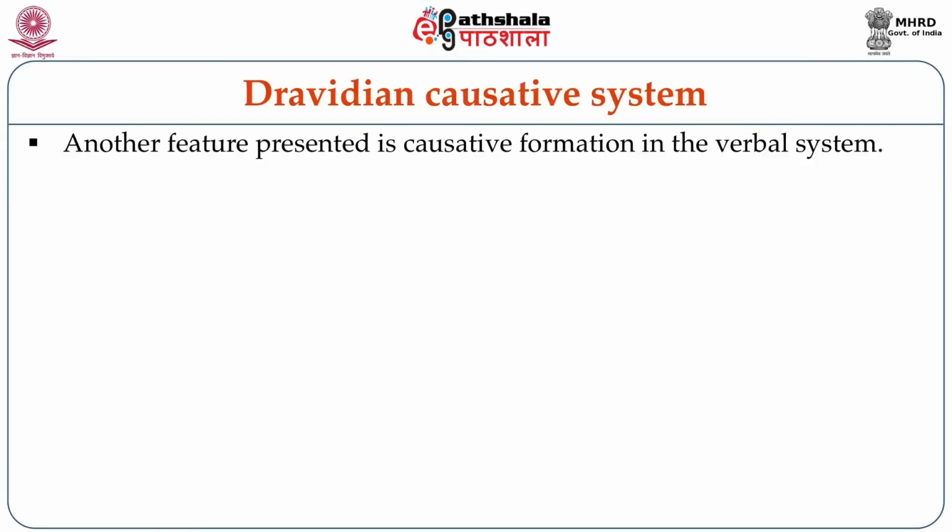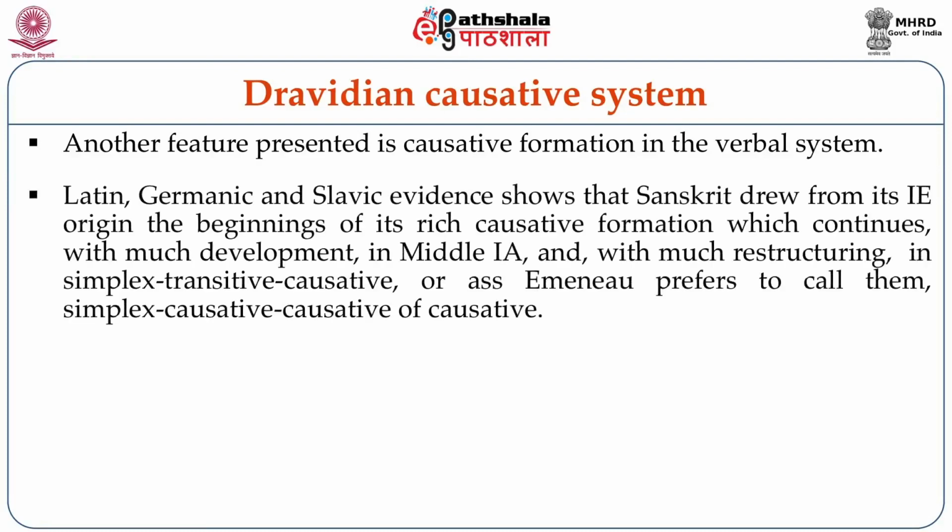Another feature presented is causative formation in the verbal system. Latin, Germanic, and Slavic evidence shows that Sanskrit drew from its Indo-European origin the beginnings of its rich causative formation, which continues with much development in Middle Indo-Aryan and with much restructuring into simplex, causative, and causative of causative, as MNO prefers to call them.